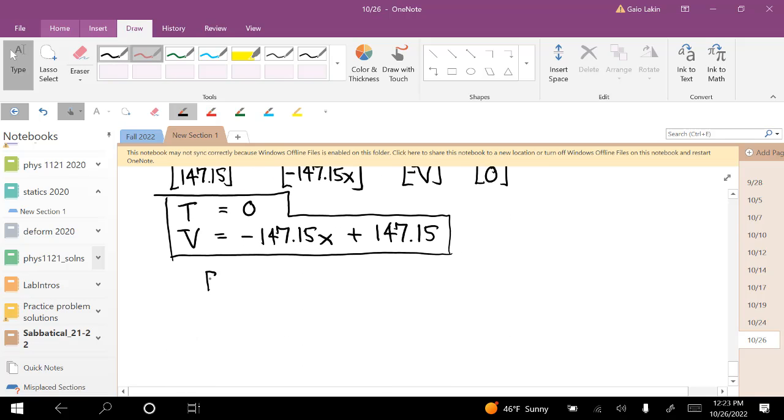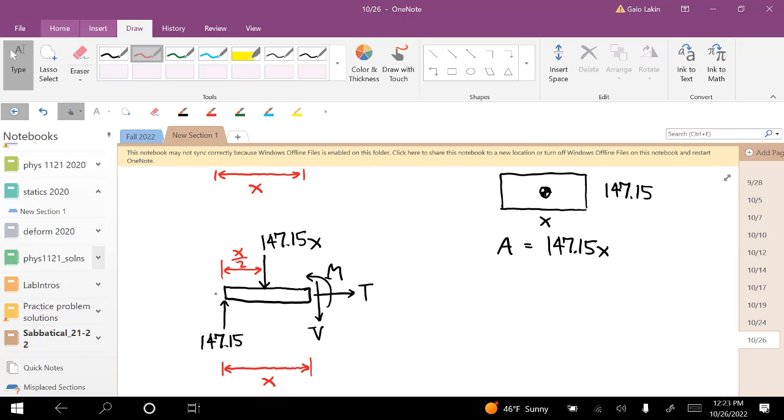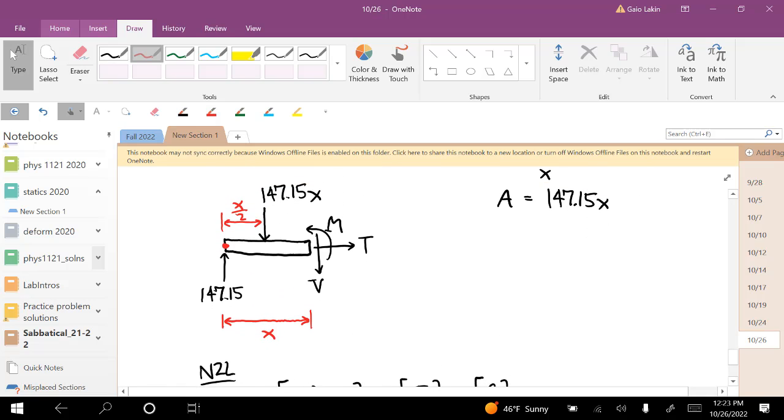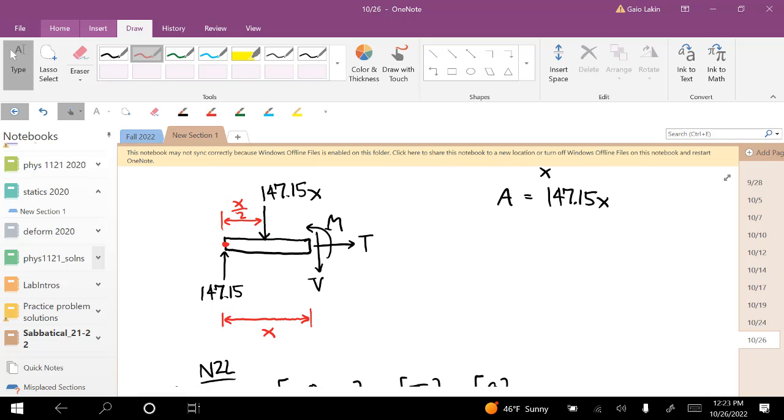And then the moment equation. The about point is going to be here like always. So there's no moment from the point at the left end. There is a moment from that weight force with the x in it, and the moment arm is x over 2.